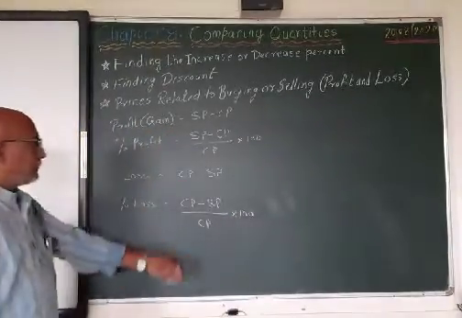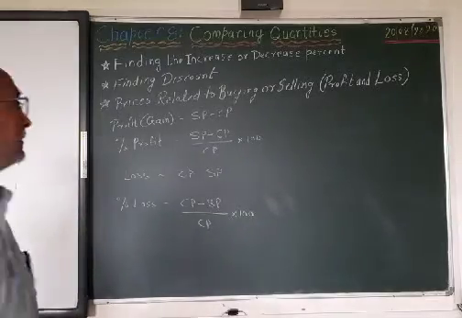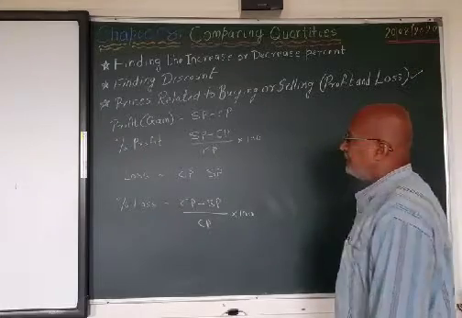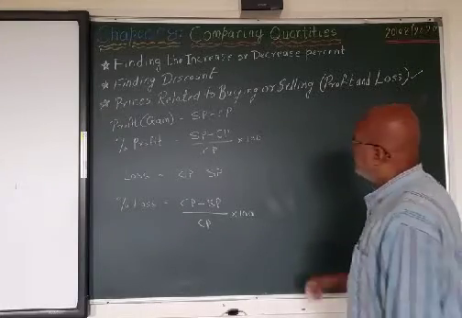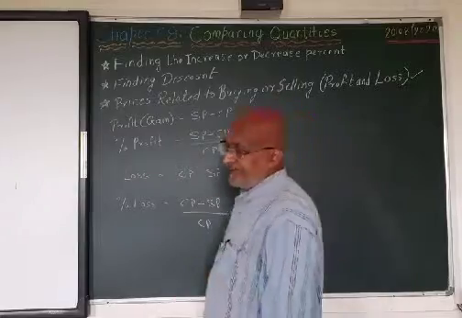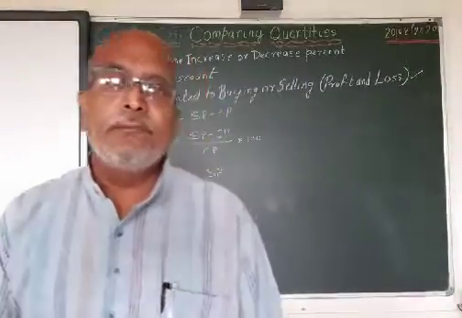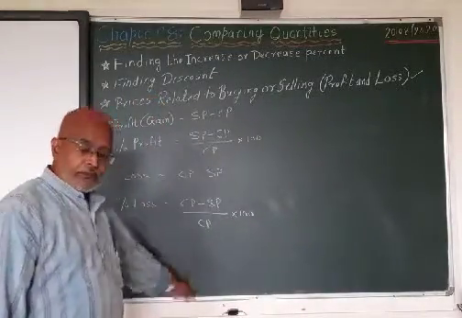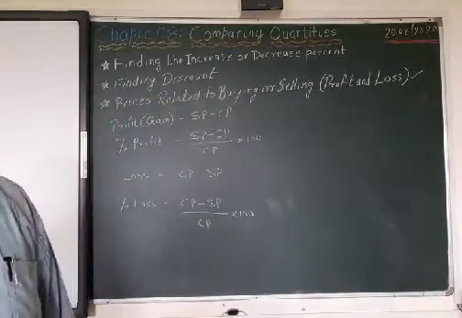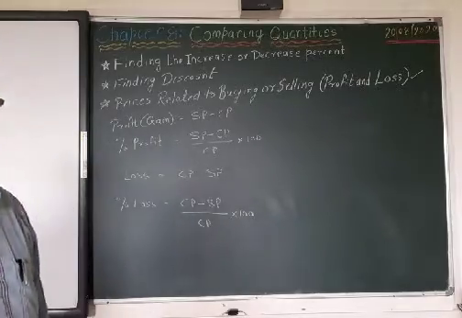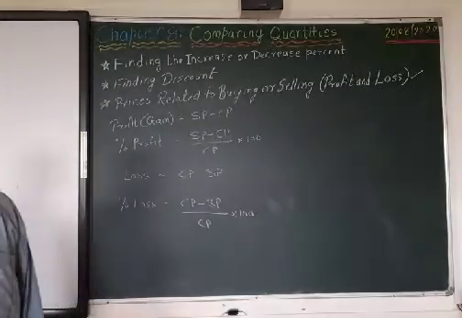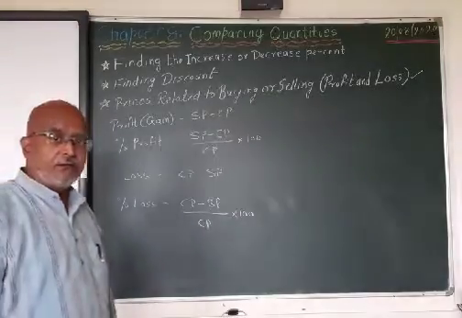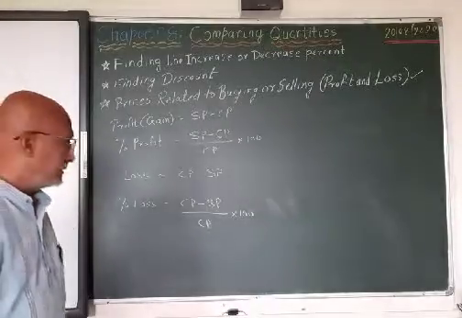So these are the four formulas that you have to remember for profit and loss, to find out the profit and loss related to buying or selling. Got it clear? You have to remember these formulas forever, so that it will be very easy for you to find the gain or loss for any transaction of any commodity.